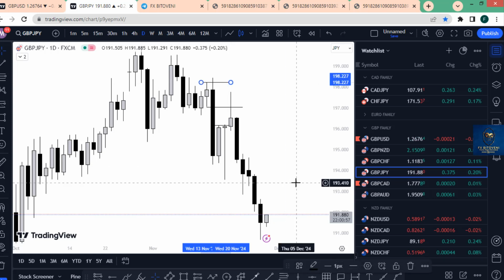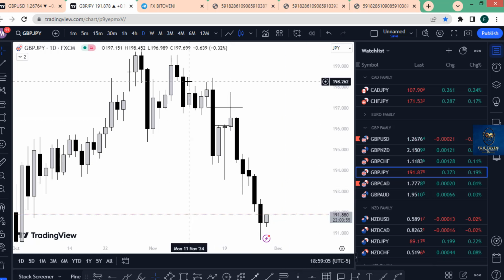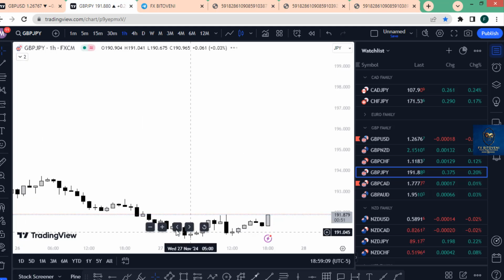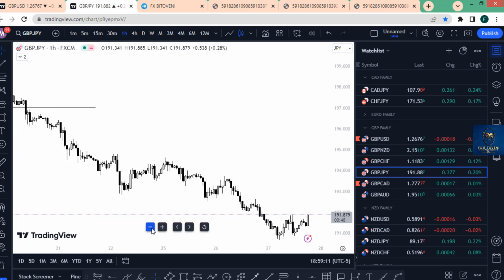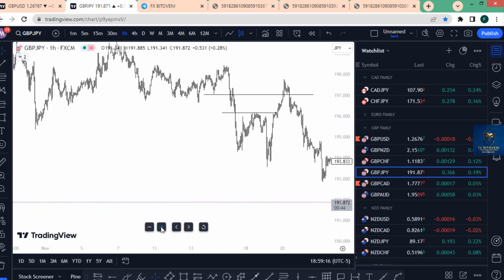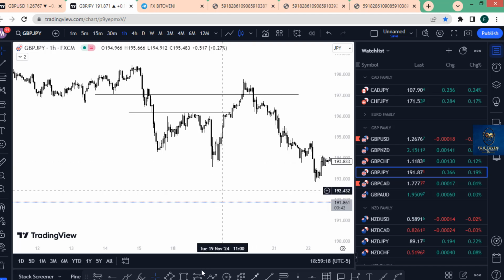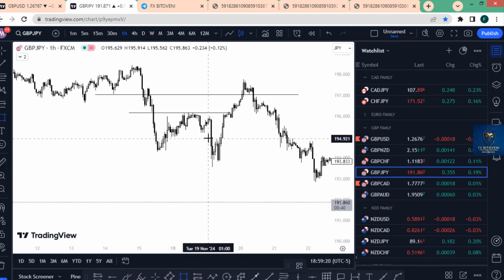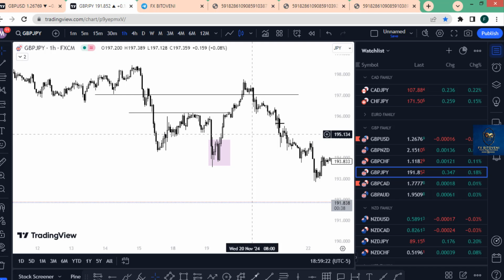Now from daily to 1 hour, as I told you guys, from daily to 1 hour. Now from this daily to 1 hour, you have original consolidation happening here.